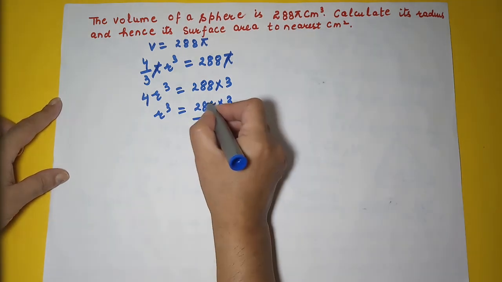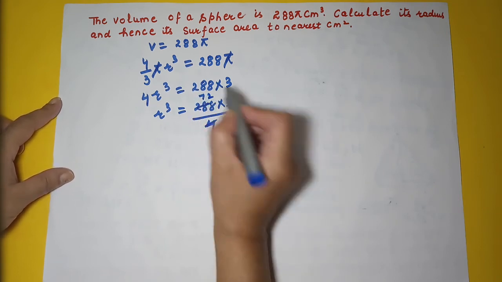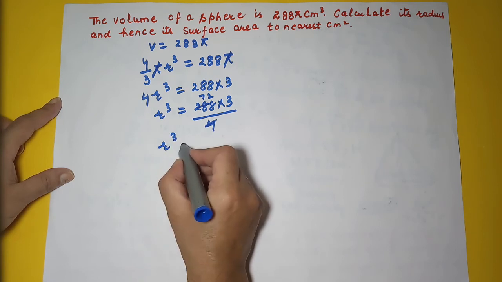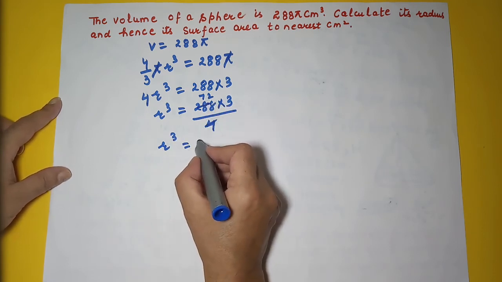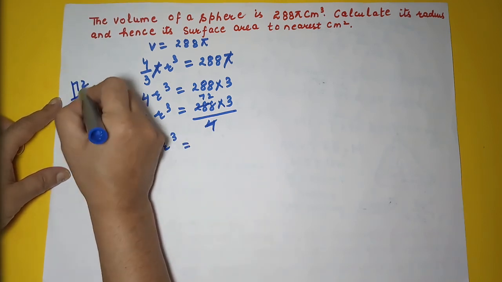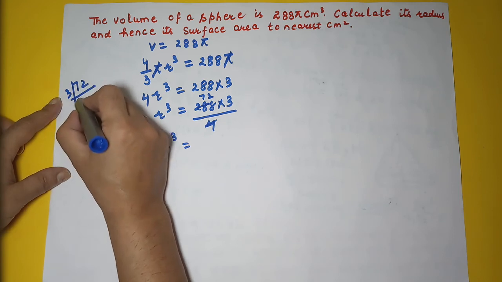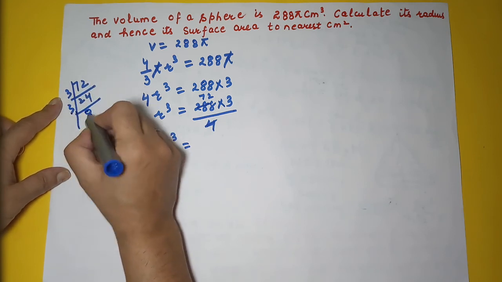So 4 7s are 28, 4 2s are 8, so your r cube is equal to 216, and you can write this as 72 times 3. Let's factorize this, 3 2s are 6, 3 4s are 12, 3 8s are 24.